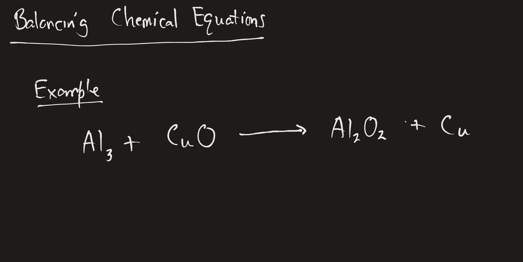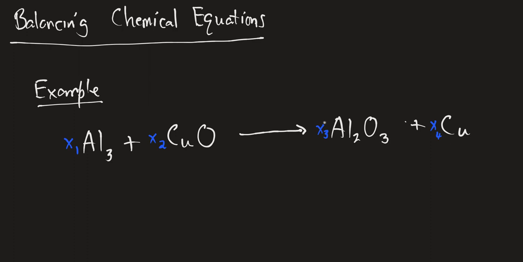And for it to be balanced, the goal is to find coefficients for each of these molecules. So we need to find x1, x2, x3, and x4 such that we have the same number of atoms of each element on both sides of the chemical equation. This needs to be a 3, so let's make that a 3.